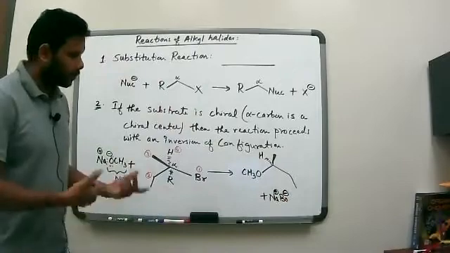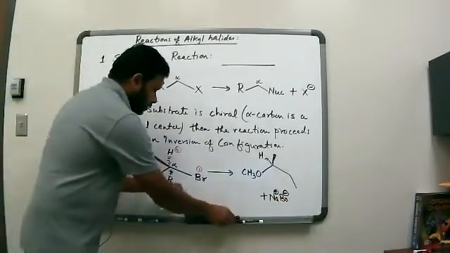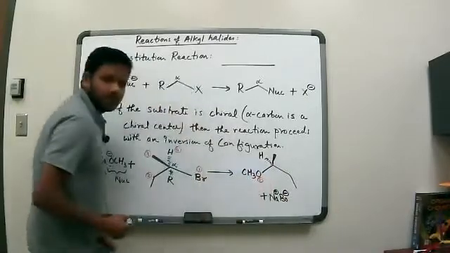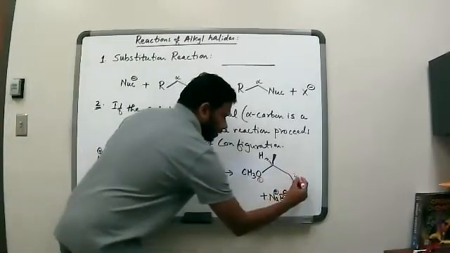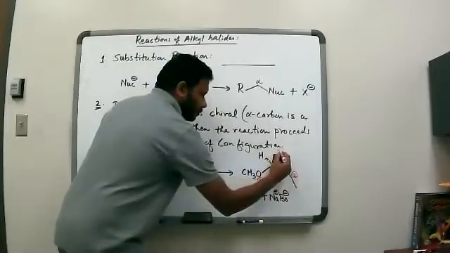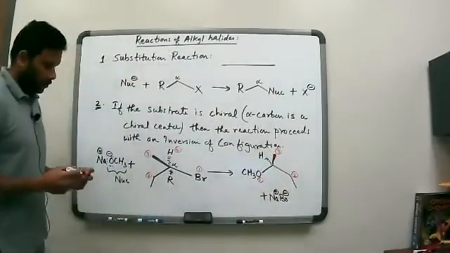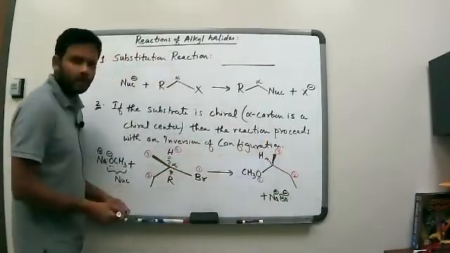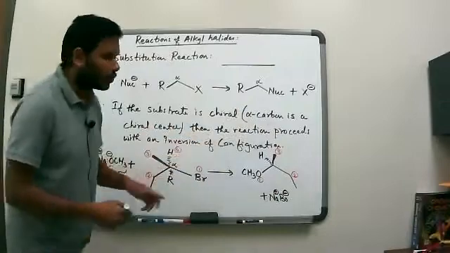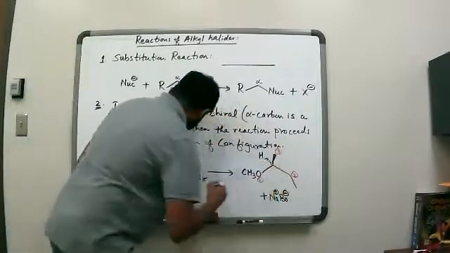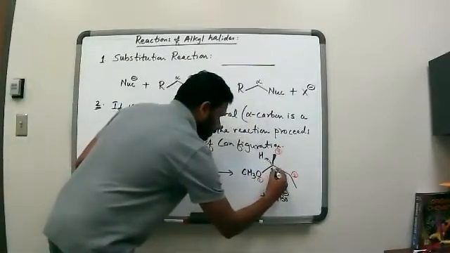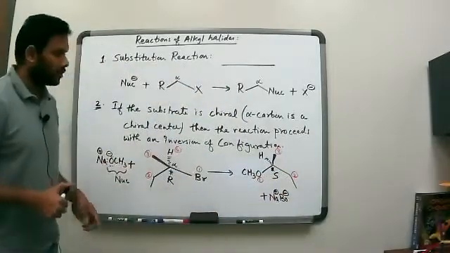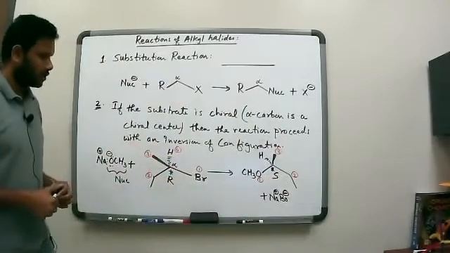Sodium bromide would be the other product. For this product here, the oxygen is 1, ethyl is 2, methyl carbon is 3. Going from the highest priority group to the third highest priority group, we are moving counterclockwise. So that means this chiral center is S. That is the product that we will get in this reaction.